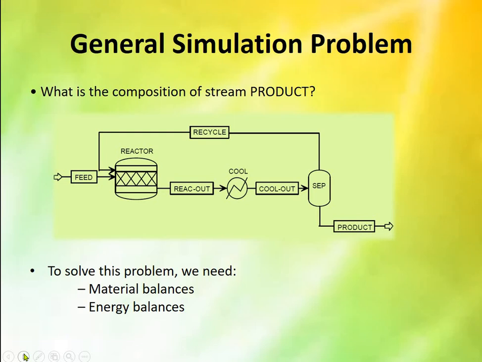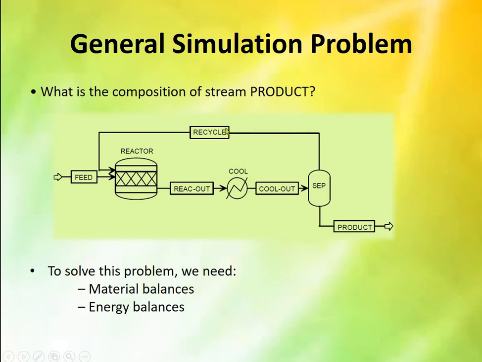So let us understand what a general simulation problem looks like. Suppose you have a reactor where feed is coming, some reaction is occurring here, then this stream gets cooled in a cooler and then it gets flashed in a separator.